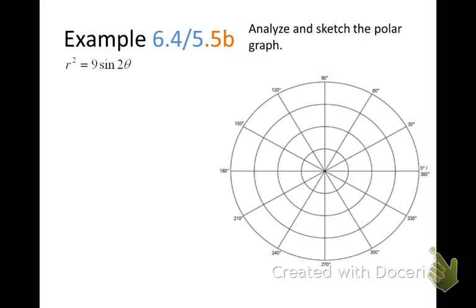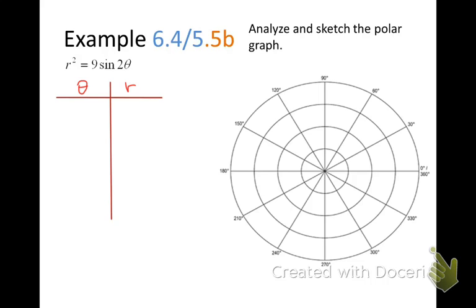To graph these, you'll go through and do your analysis just like we did the last one, with the domain, the range, and all that. I trust that you can keep up with that. In order to graph this, make a t-chart of theta and r values and start plotting them. Theta is our input, r is our output. You will need a calculator for this because we're going to have to square root some numbers. Okay?